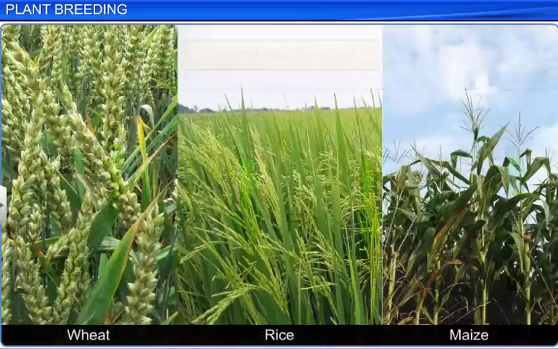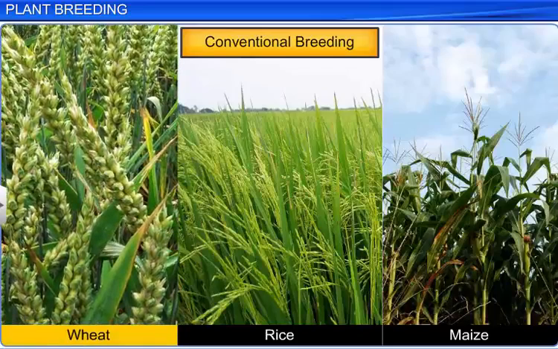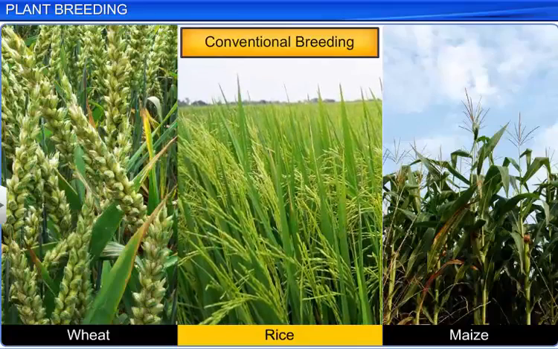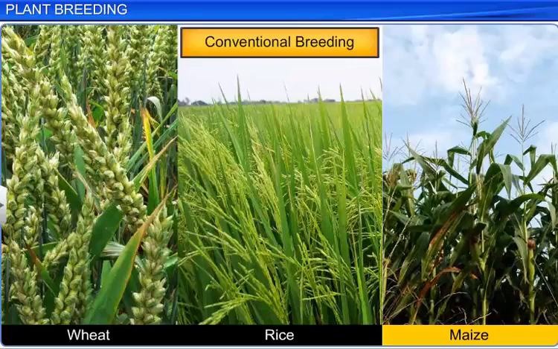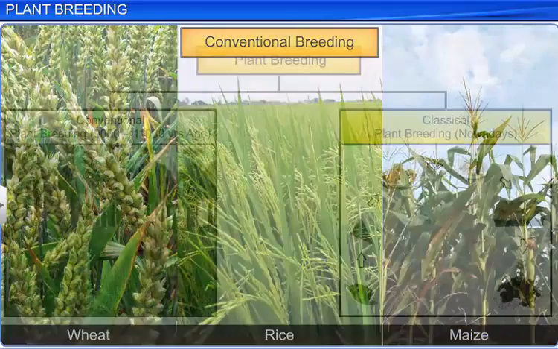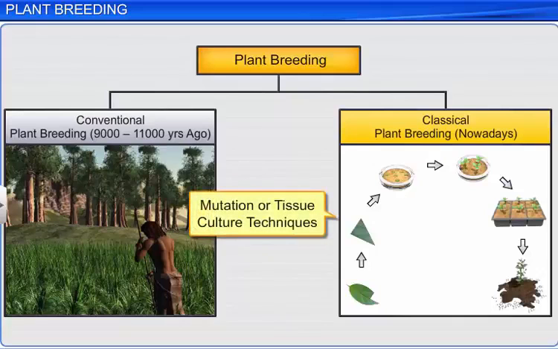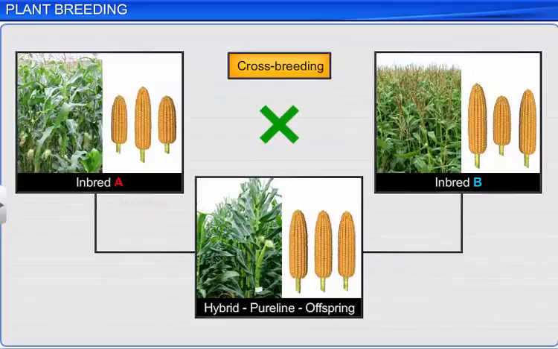Most of the major crops such as wheat, rice, and maize are the result of conventional breeding. On the other hand, classical breeding uses techniques such as mutation or tissue culture, followed by crossbreeding of pure lines and artificial selection of plants.